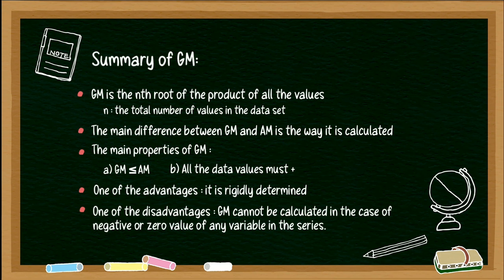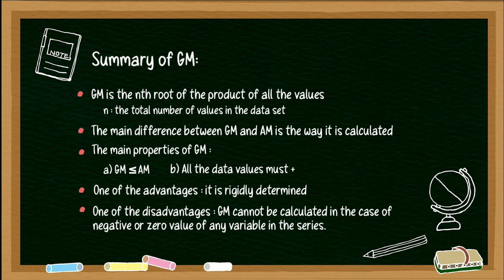Summary of GM. GM is the nth root of the product of all the values, where n is the total number of values in a dataset. The main difference between GM and AM is the way it is calculated. The main properties of GM are GM is less than or equal to AM, and all the data values must be positive.